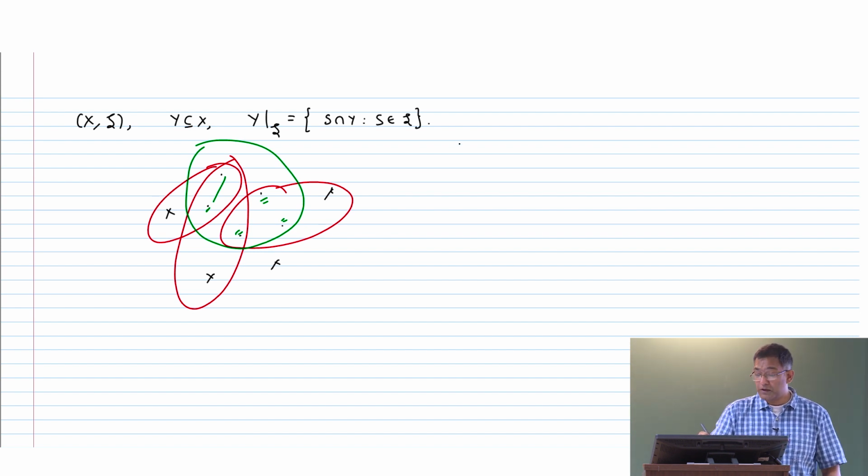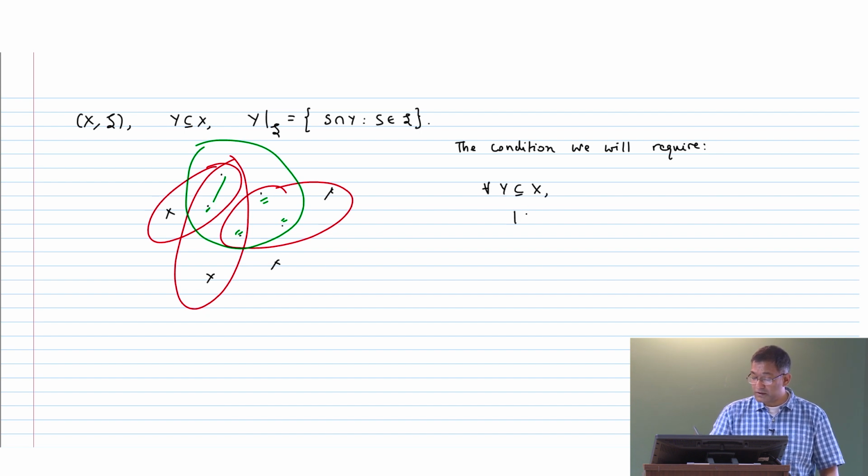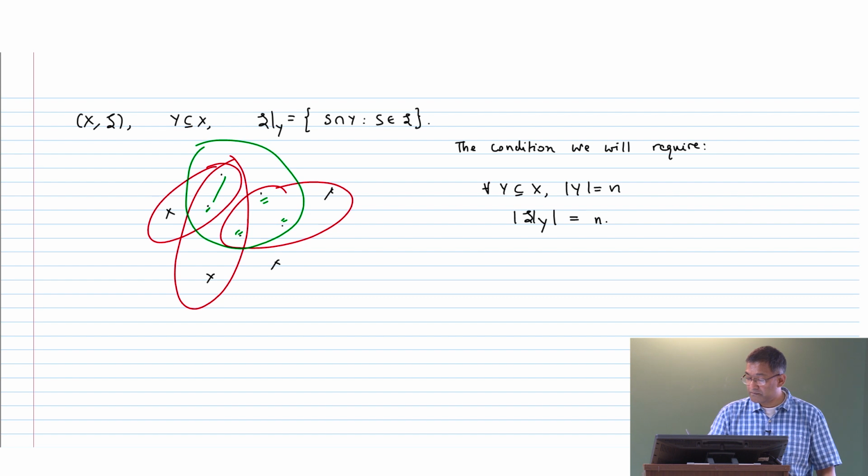In fact, the condition we will require is that for every Y subset of X, with size of Y equal to n, the size of S restricted to Y is O of n to the d.